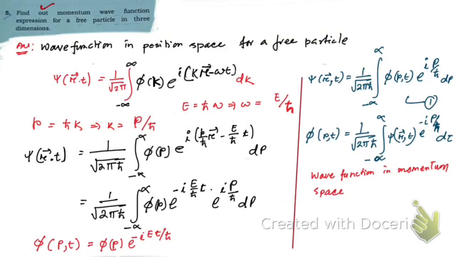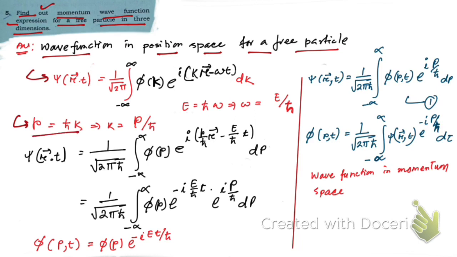So now question number 5: find out the momentum wave function expression for a free particle in 3 dimensions. So here you see wave function in position for a free particle is given by this, right? Here p represents momentum, and here this implies a squared k, and k is equal to p by h cut, and energy E is equal to h cut omega.